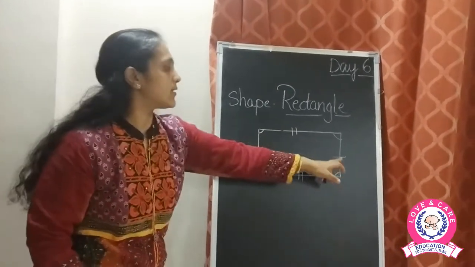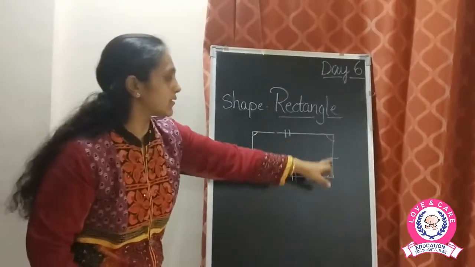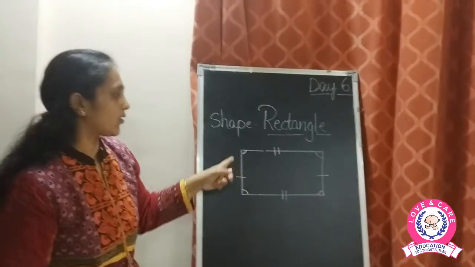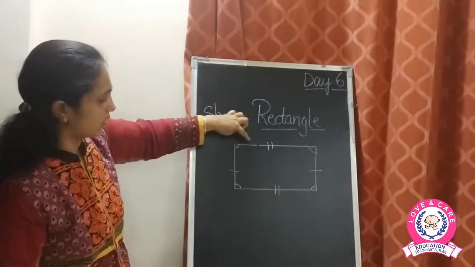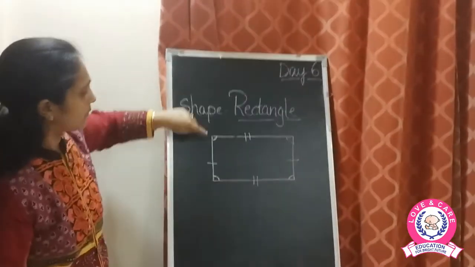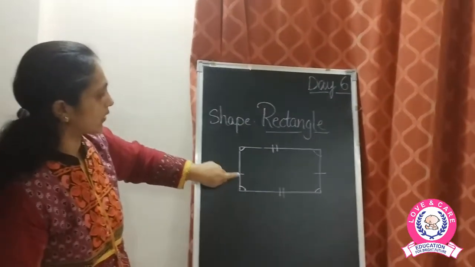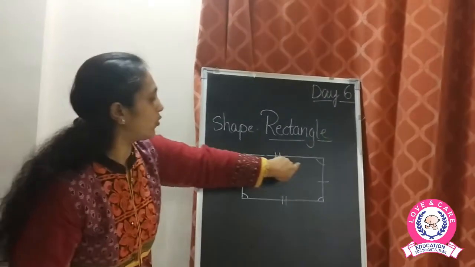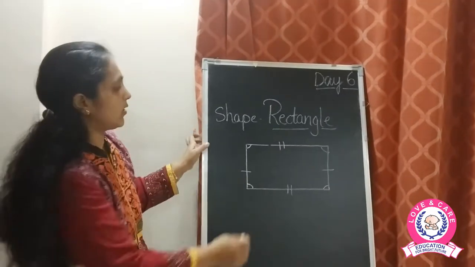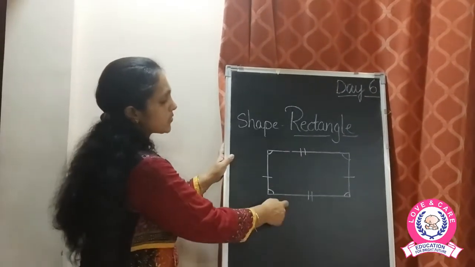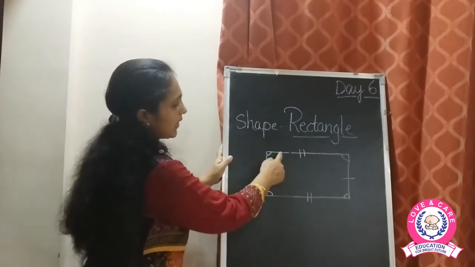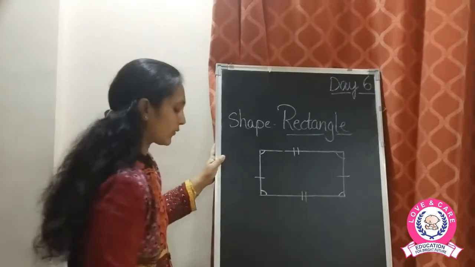And this and this line are same. But these 2 lines are not same. ये छोटी बड़ी होती है. देखिए जैसे this is the big line and this is the small line. So ये line जो है वो long है, ये वाली short है. So in a rectangle the 2 opposite sides are same. जो 2 opposite lines है वो same होती है size में.